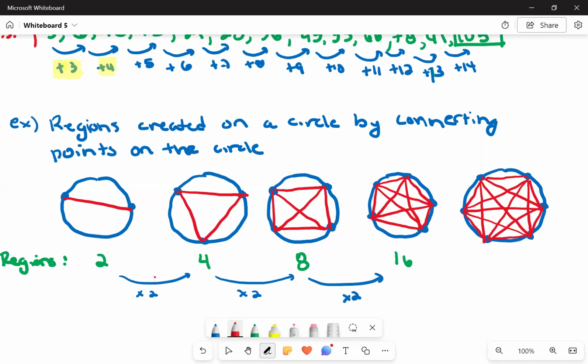Okay. This is going to be much harder to count off, so I'm going to do my best. We're going to start with the outer regions. So this little region right here, which is kind of hard to see. 1, 2, 3, 4, 5, 6 little outer regions, to the best of my ability. Okay. Now I'm going to go to the next one. 7, 8, 9, 10, 11, 12.